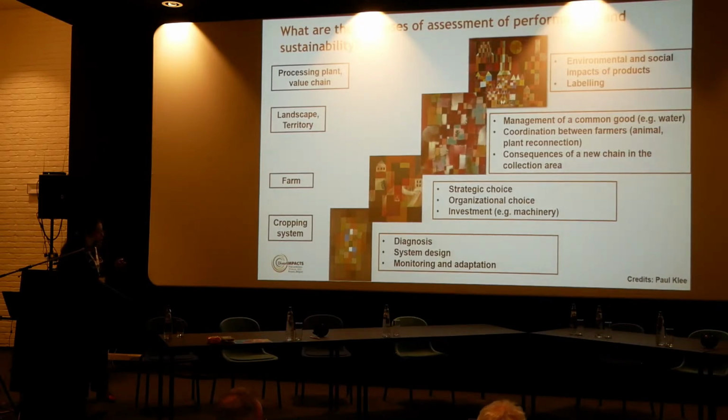The most well-known is at the cropping system scale, where it's possible to do a system diagnosis, when you are designing new systems with diversified methods, and when you want to monitor to adapt what's happening in your systems. I will detail it later.